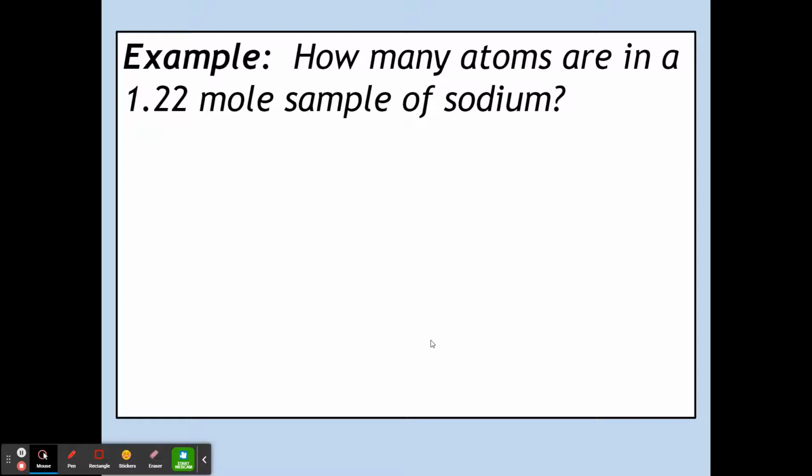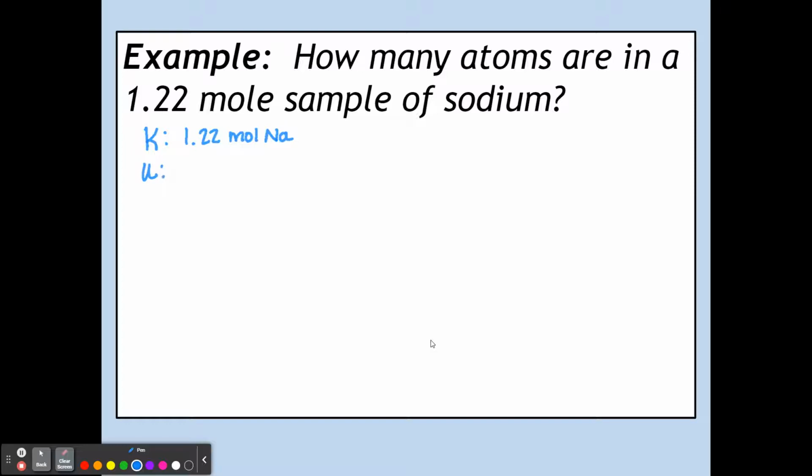So, our example says, how many atoms are in a 1.22 mole sample of sodium? So I'm going to start with my known: 1.22 moles of sodium, and sodium is Na.